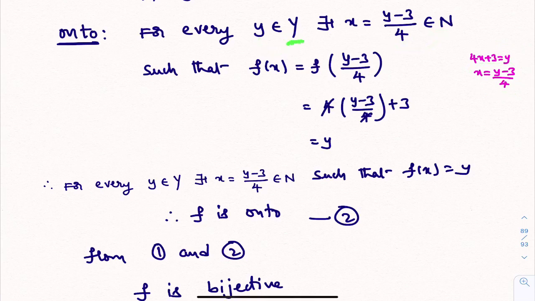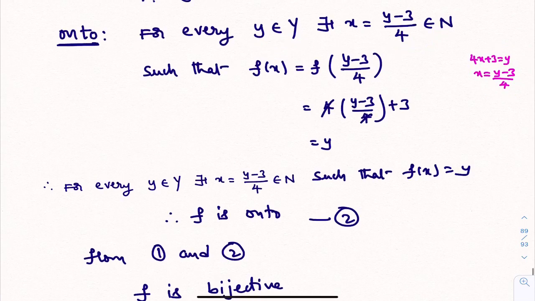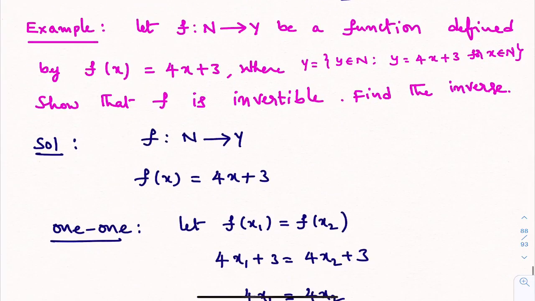In the question they gave that y is a natural number. Here one important point is you may get confused with this y value. Here y is a natural number, I am saying, but we cannot take every natural number. See, what is this y? They gave it in the question. Y is a natural number, but what type of y is it? Whenever you take x as a natural number and substitute in this expression, whatever y value it gives, that only we can take.